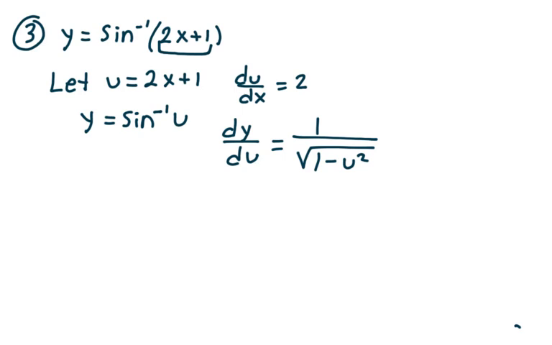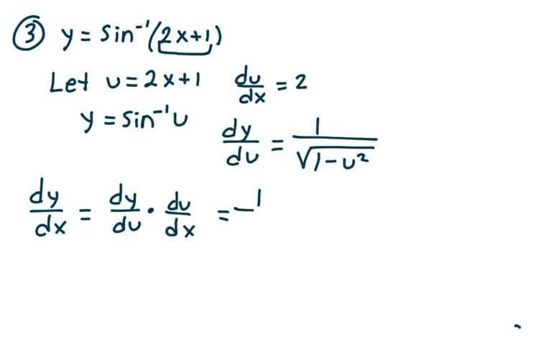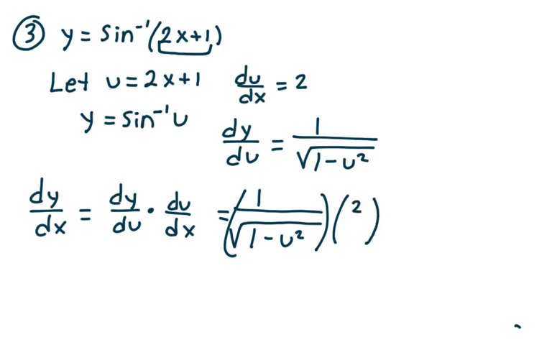Now I get to substitute everything in. So dy dx is dy du times du dx. So we get 1 over the square root of 1 minus u squared, and I'm going to multiply by 2, because that's what du dx is.